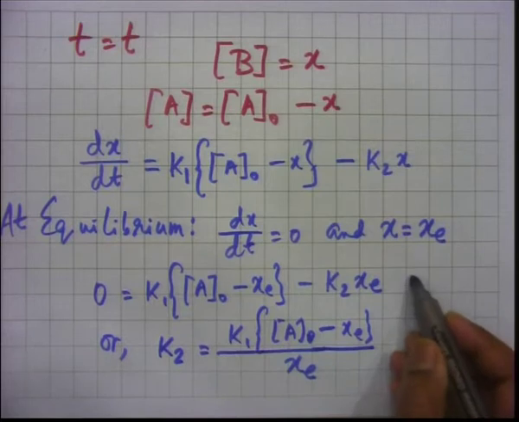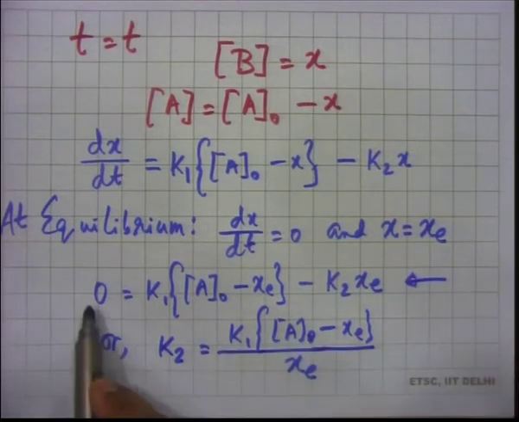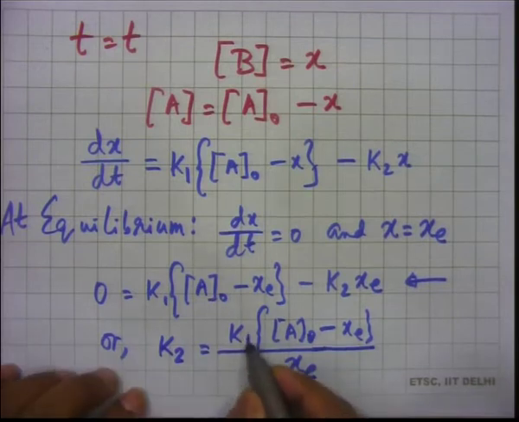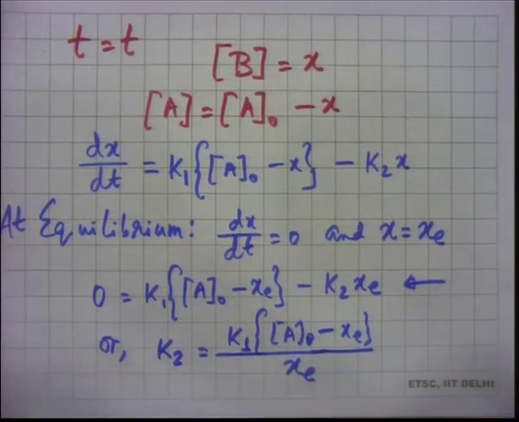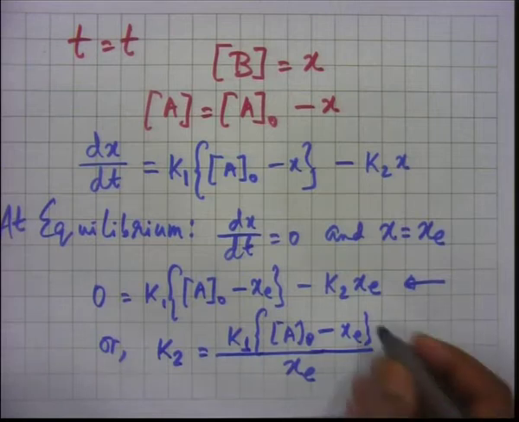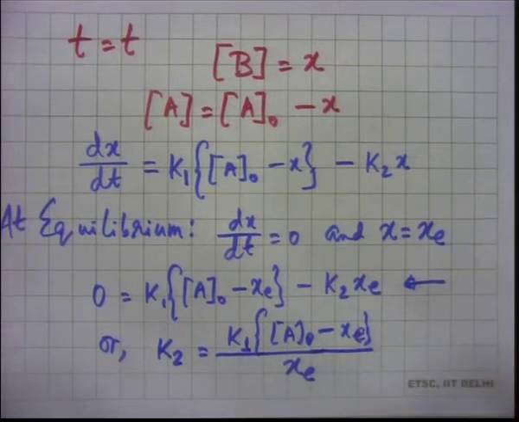So, this is from equilibrium, because we set dx dt equal to 0, and what I have just now done is write an expression for k2 in terms of k1. In terms of k1, but it also has x e, which is the equilibrium concentration of B.